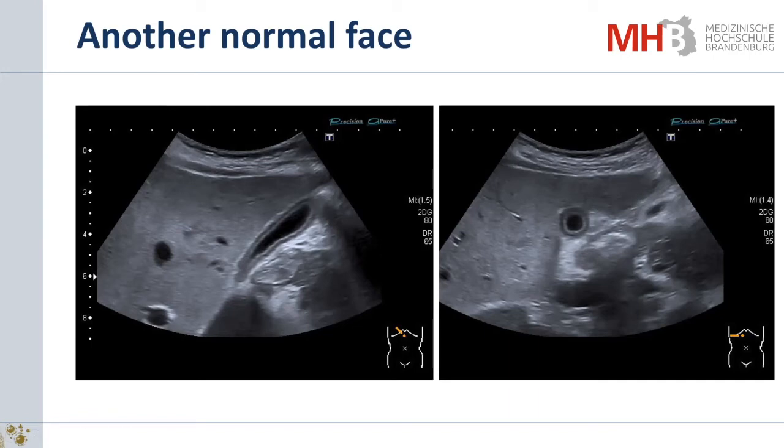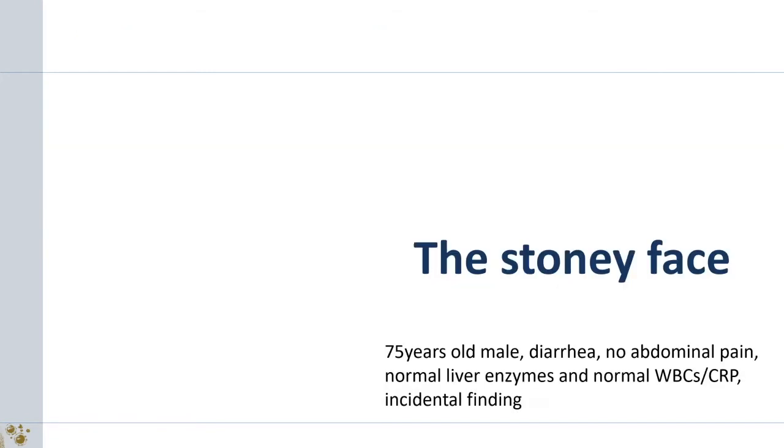But this is normal because this is postprandial contraction of the muscles of the gallbladder wall, and therefore this is a normal finding. Otherwise, if the patient were not after breakfast or another meal, then the clinical interpretation would be another one.